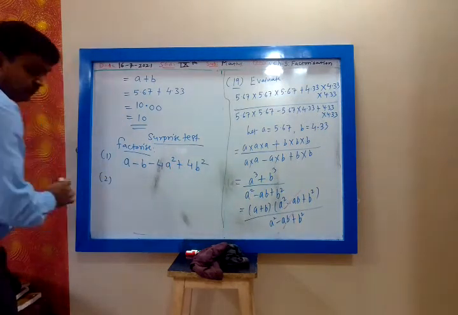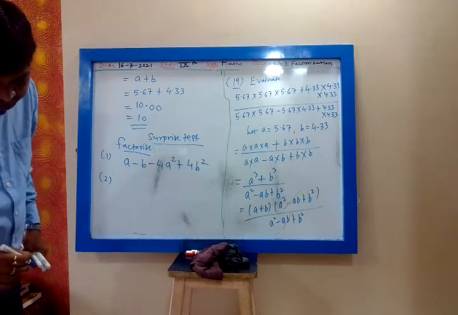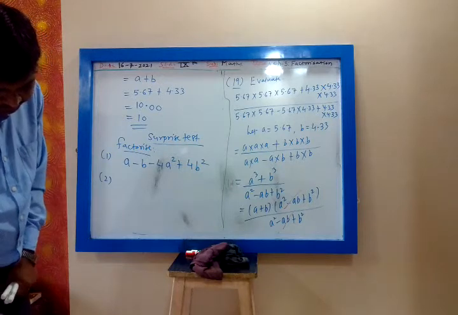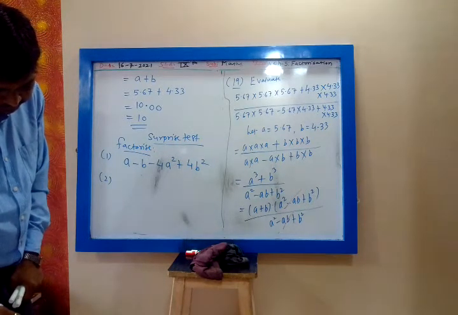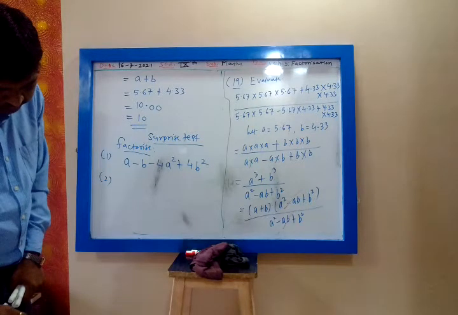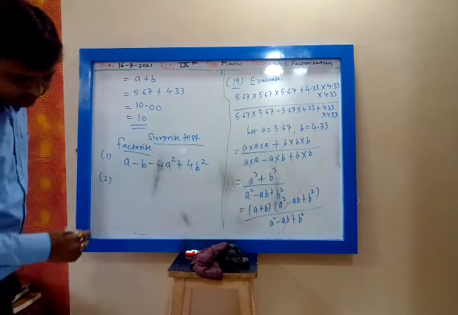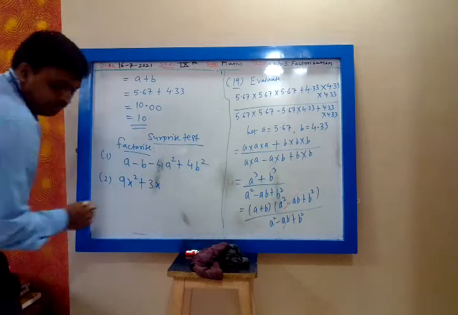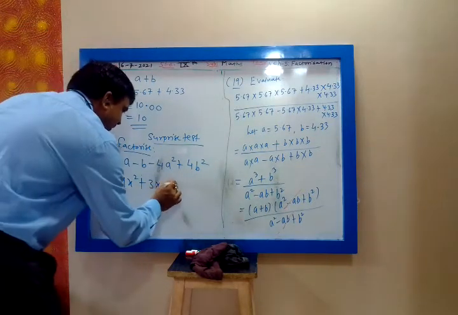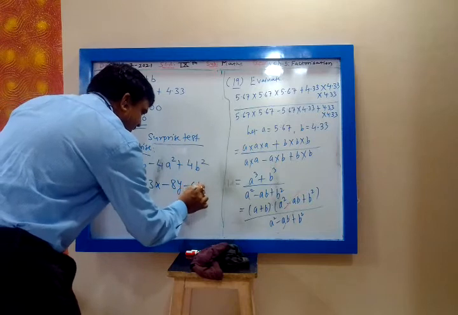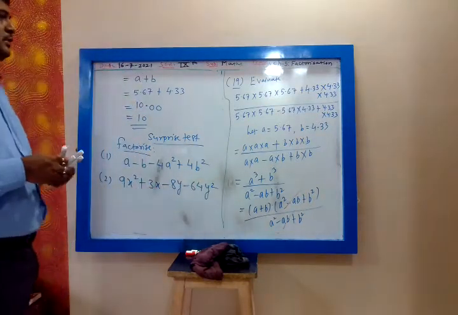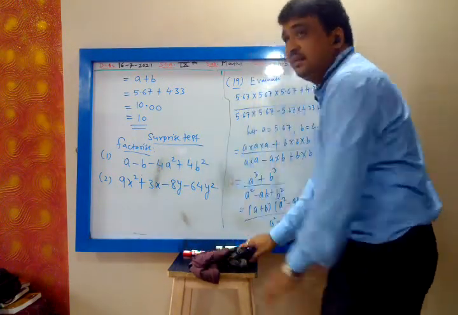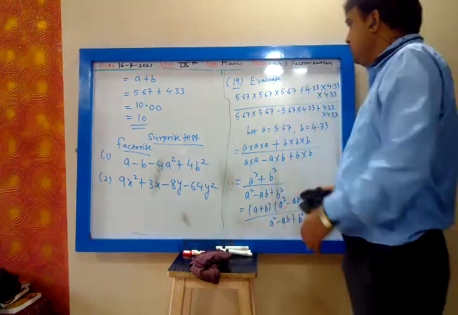Then second, do it fast: nine x square plus 3x minus 8y minus 64y square. Do both the problems. Three minutes are there. In 3 minutes you can solve two problems.